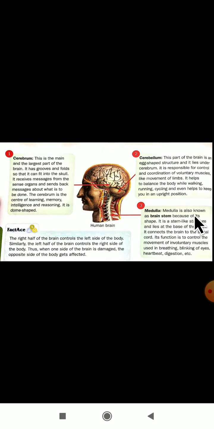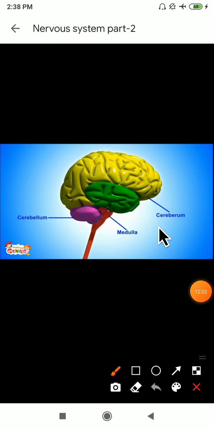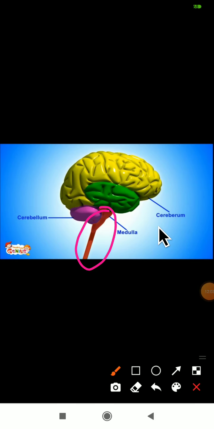The next one, medulla. Medulla is also known as the brain stem. Can you see this red color? This we call the medulla. And one more name for the medulla is the brain stem. Why is it called a brain stem?